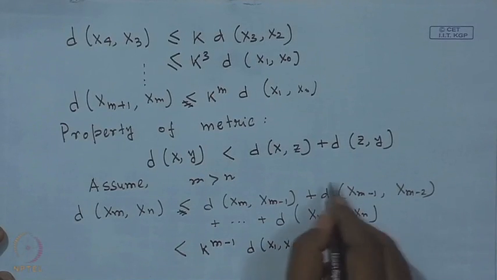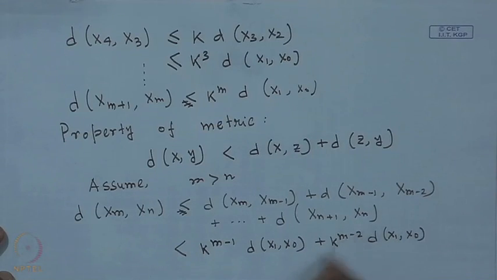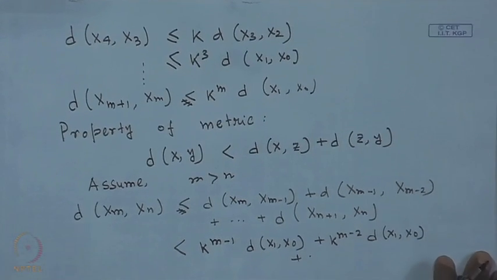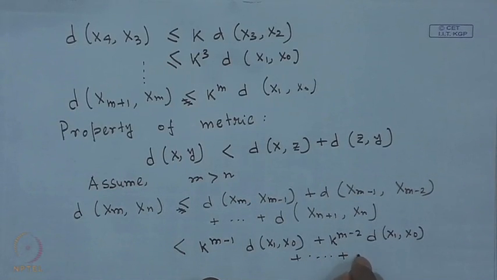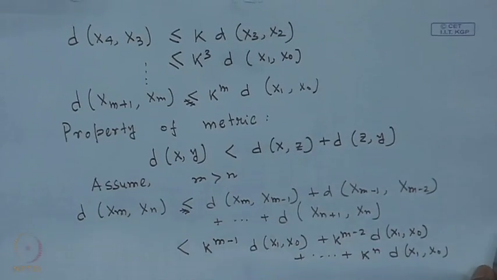This will be nothing but k to the power m-2 metric between x1 and x0, up to k to the power n metric between x1 and x0. So, in a sense, we will be getting a series type of equation out of this, and we further proceed and simplify this equation.